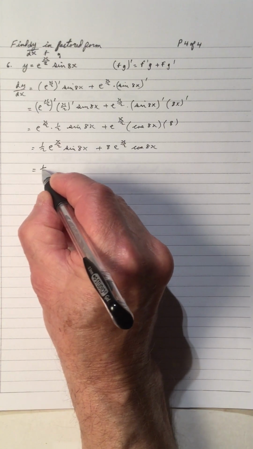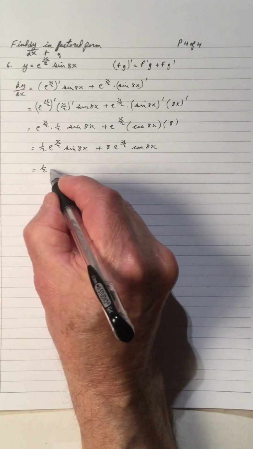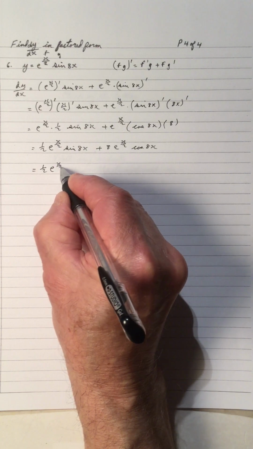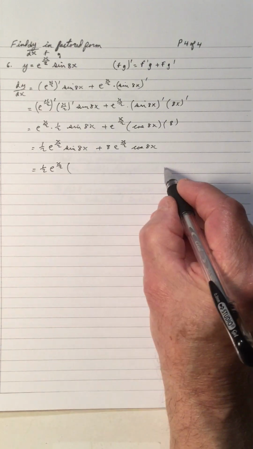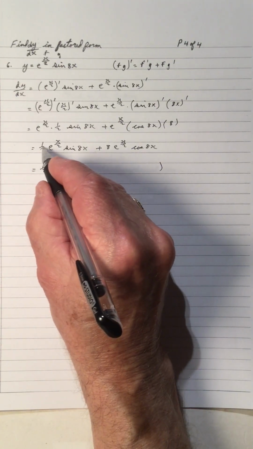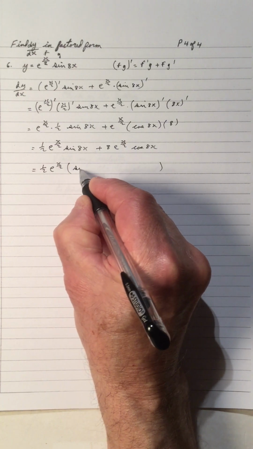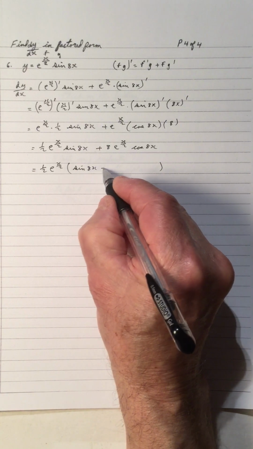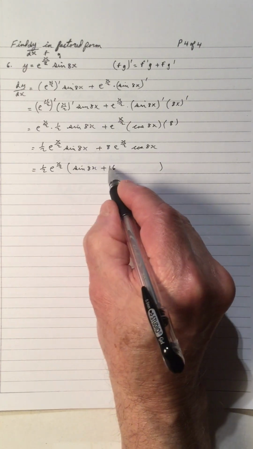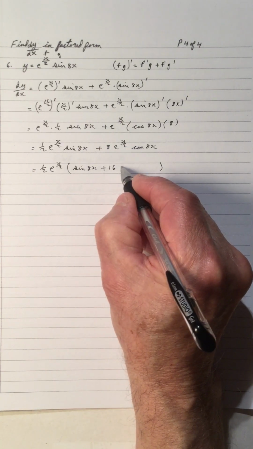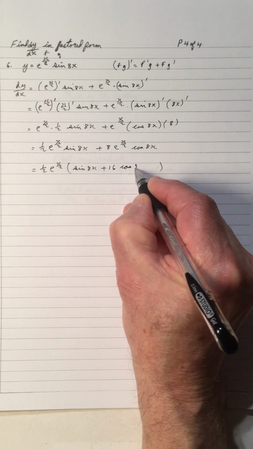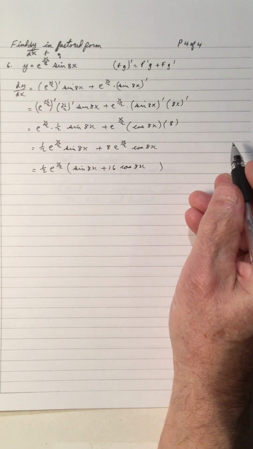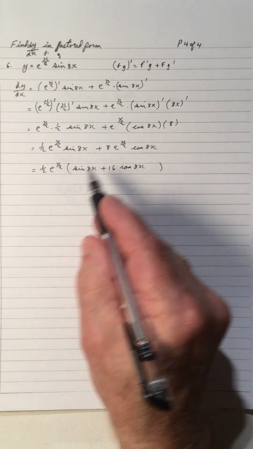I take out a half, and e to the x is in both parts. When I factor that out, a half divided by half is 1, so I get sine 8x. 8 divided by half is 16, so I get plus 16. E to the x over 2 is already there, and we have cos 8x. So that's the derivative in factored form.